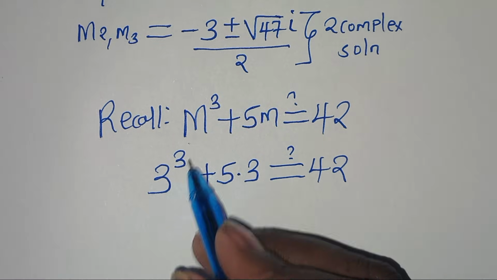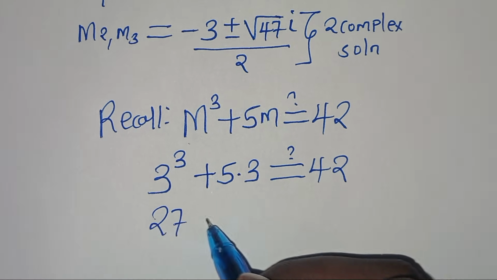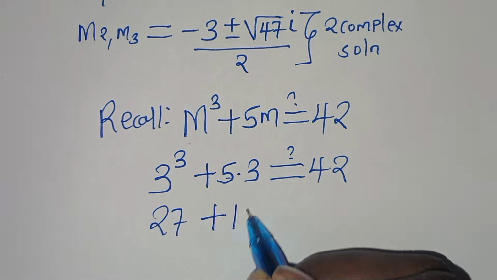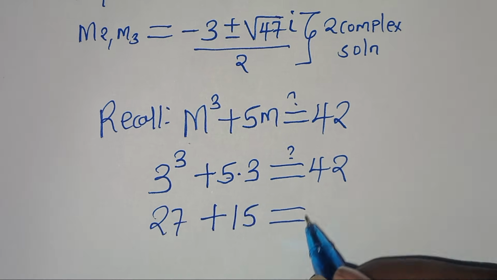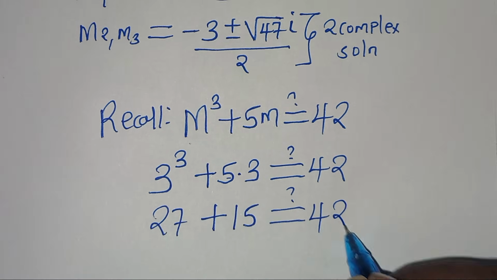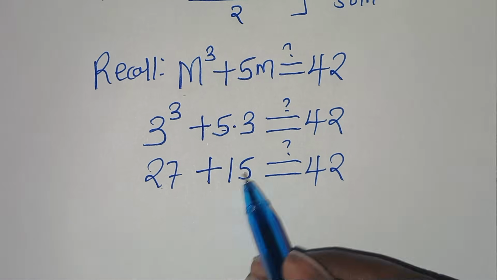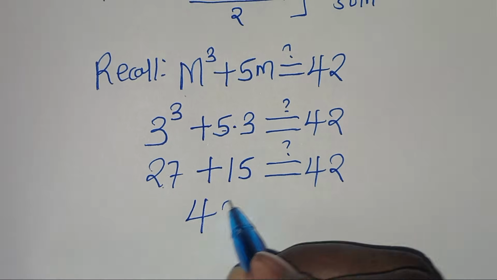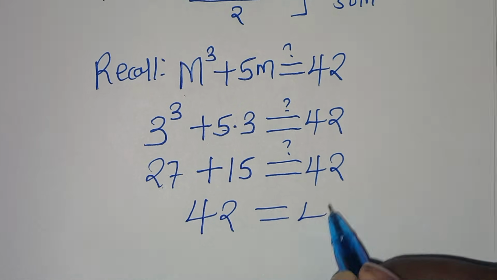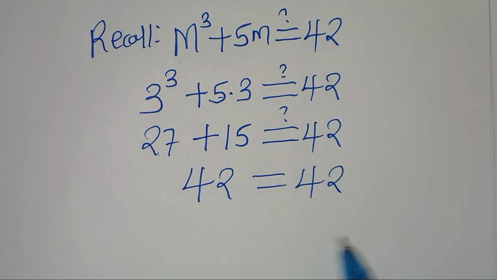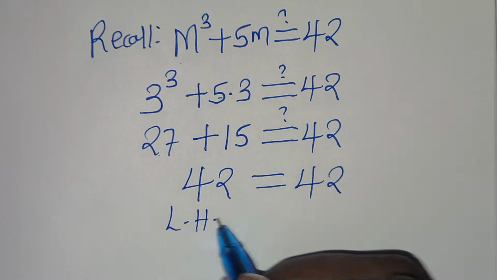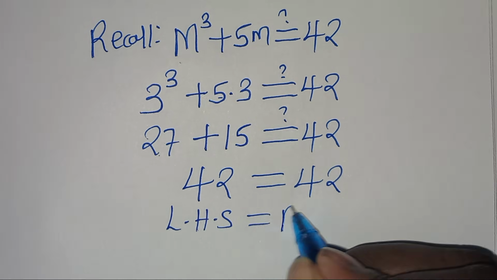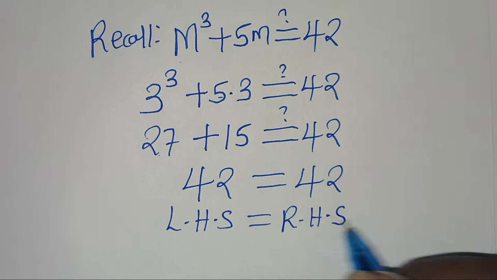Now we have 3 to the power of 3, this is 27, plus 5 times 3, this is 15. This is supposed to give us a value of 42. So 27 plus 15, this is equal to 42, which is equal to 42. And this implies that the left hand side is equal to the right hand side.